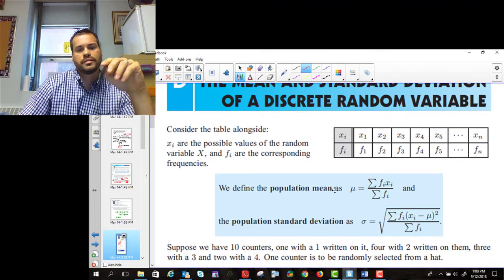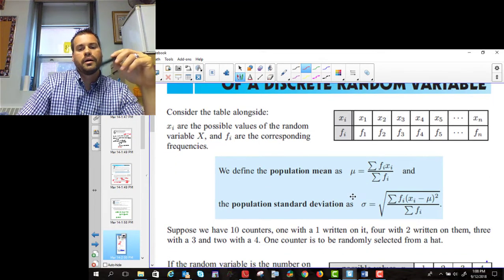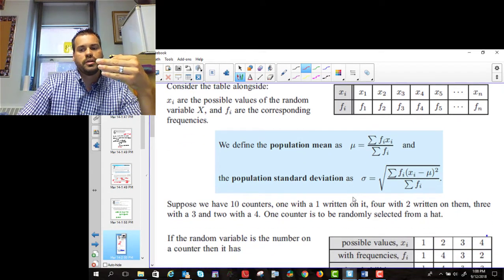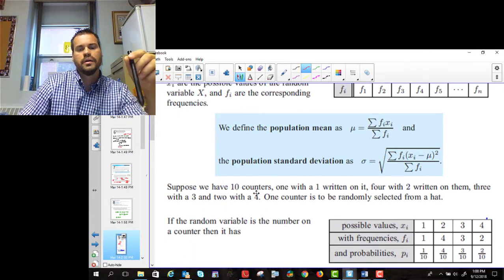Now this is for any sort of frequency diagram. We talked about this already, but if it's a probability thing, the probabilities add up to 1. So you end up just with the expectation. If that makes sense. Hopefully it does.